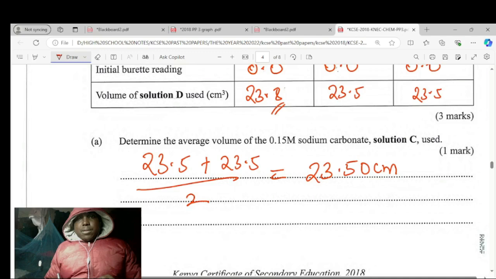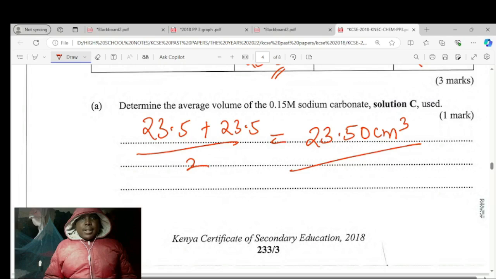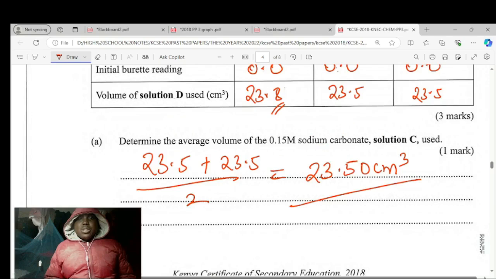Like that. So we have obtained the volume of 0.15 molar sodium carbonate used.